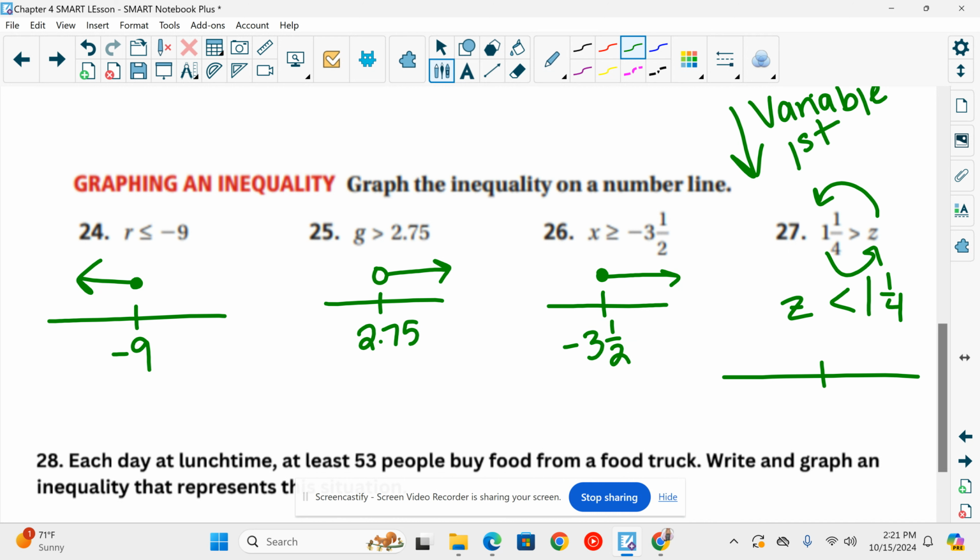So now when I go to graph it, is it open or closed? Open. Pointed to which way? To the left.